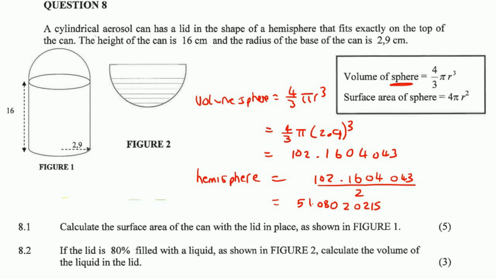Because we've worked out the hemisphere now, but now we just want to get 80% of that. So we can just say 80% multiplied by 51.08020215. And if we work out that, we get 40.86. And that would be in centimeters cubed.